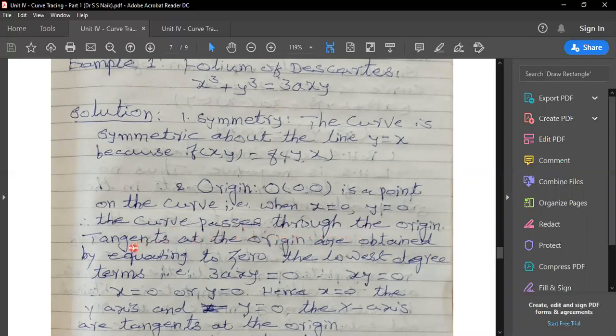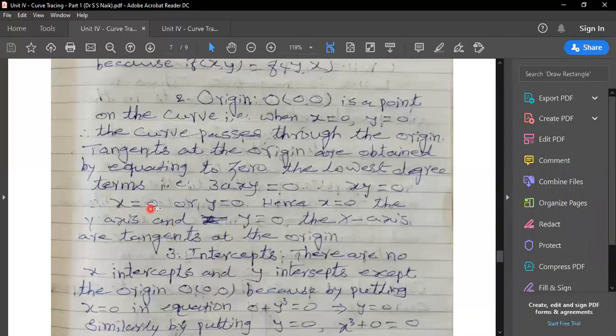Now we find the tangent at the origin. The tangents at the origin are obtained by equating to 0 the lowest degree term in x cube plus y cube is equal to 3axy. In this, the lowest degree term is 3axy is equal to 0. As a is not equal to 0, the product xy must be equal to 0.